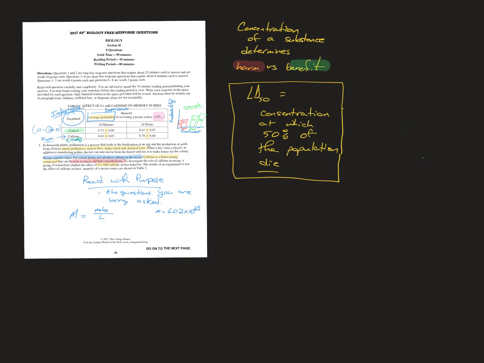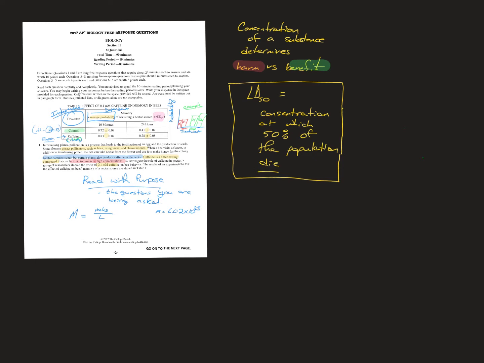How do we determine at what point a particular chemical becomes deadly or just makes you sick? You can do that with any chemical. And in this case, we're looking at caffeine versus not using any caffeine.